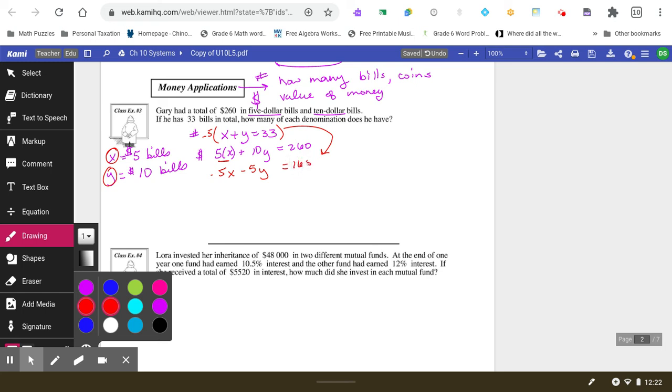Could have done that in my head. And now you will combine. Those will be eliminated. And you will have 5y equals 425. And you will divide by 5. And get that there are 85 $10 bills. You know what I'm saying?